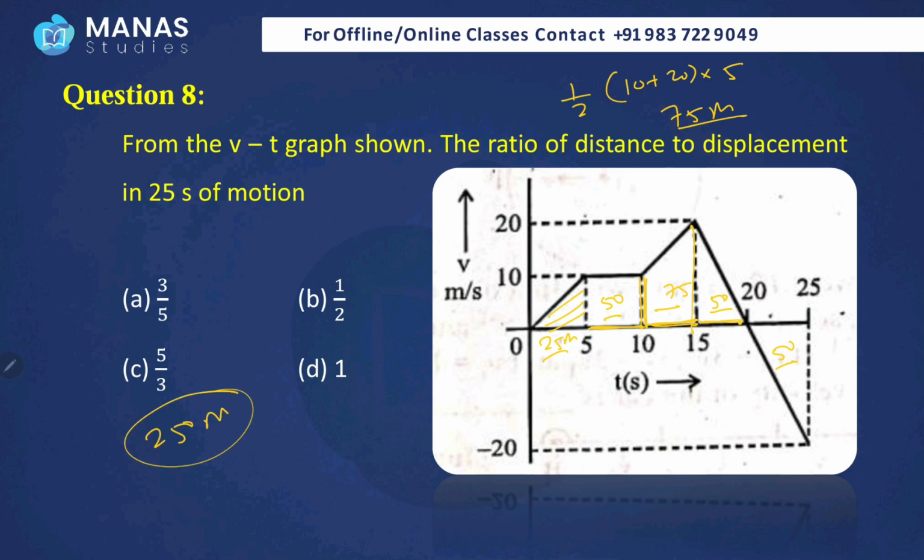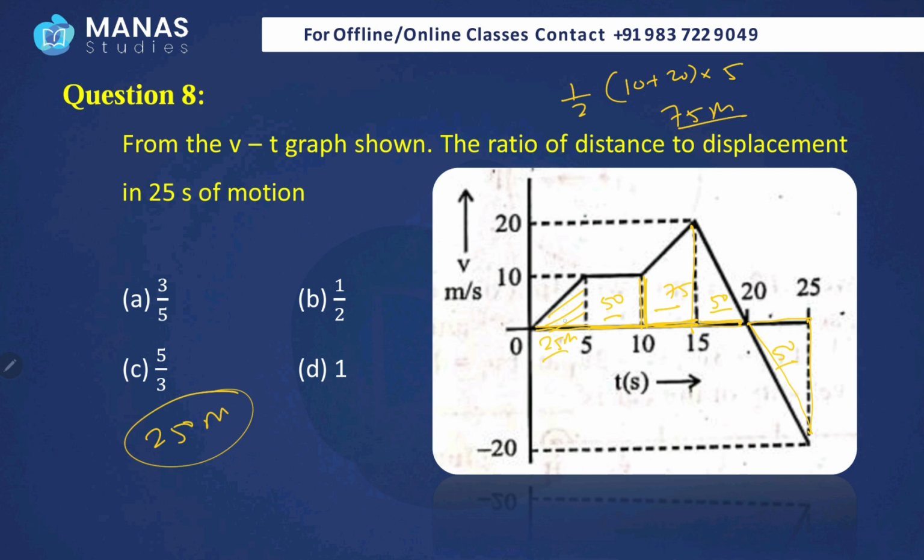Displacement is very simple. Where were you and where you are reaching? So this is the total distance covered, 250. First we were going in the same direction, the velocity was increasing, and then velocity started decreasing.